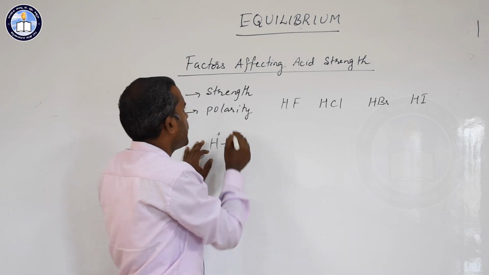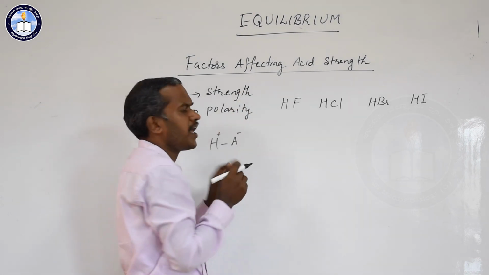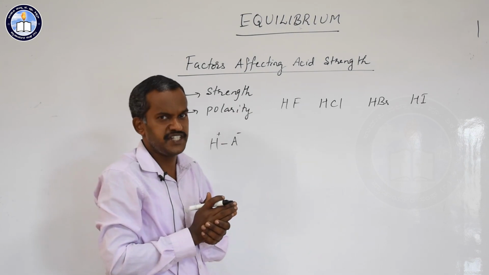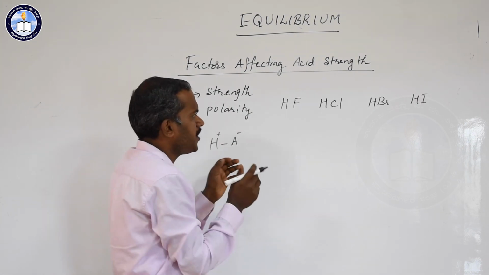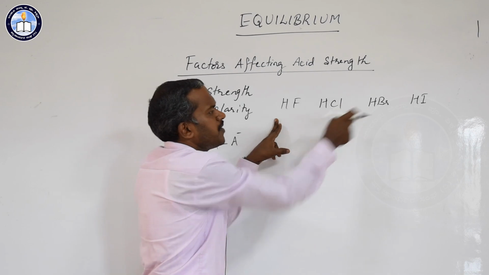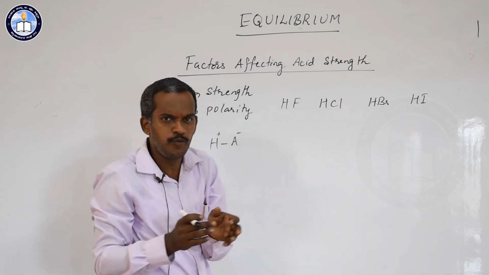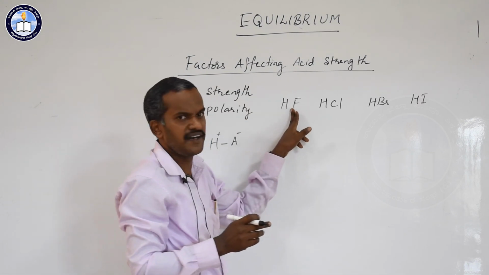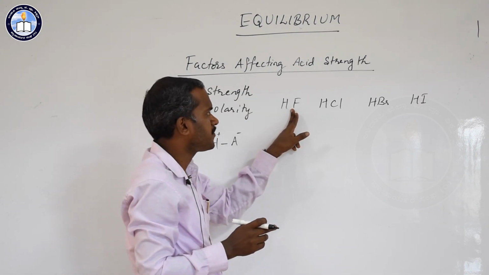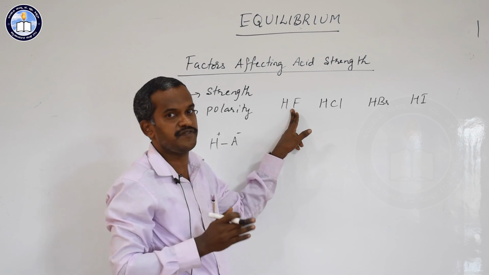You have to understand which of strength and polarity decides the acidic strength. Hydrogen is common everywhere, and fluorine, chlorine, bromine, iodine go down the group, so we compare the size of the negative ion forming species.